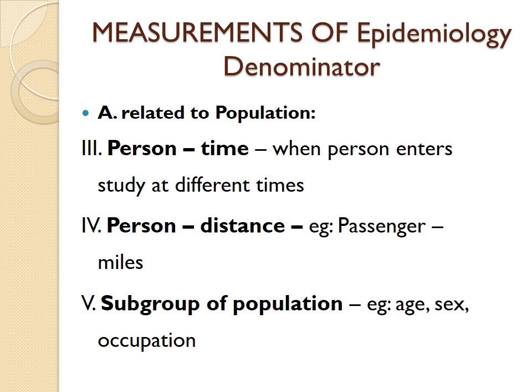For example, if 20 persons remain in a cohort study for a total of 15 years, then it will be 20 times 15, which equals 300 person-years of observation. The denominator can also be a distance, for example passenger miles. It can also be a subgroup of the population like age, sex, occupation, etc.